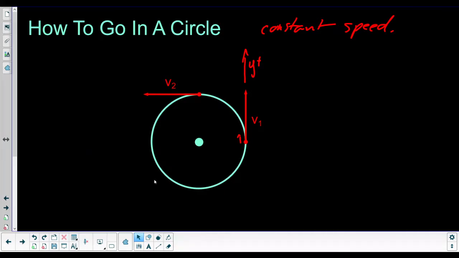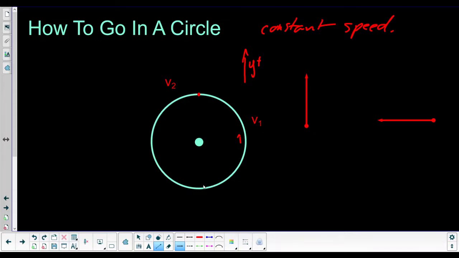Okay, so let's examine v1 and v2 and maybe try and figure out what the acceleration is. So I had v1 like this, and now I'm going v2. So what's the difference here? What did I have to do to this one to turn it into this one? Well, I had to do two things. Sorry, let me get a nice color.